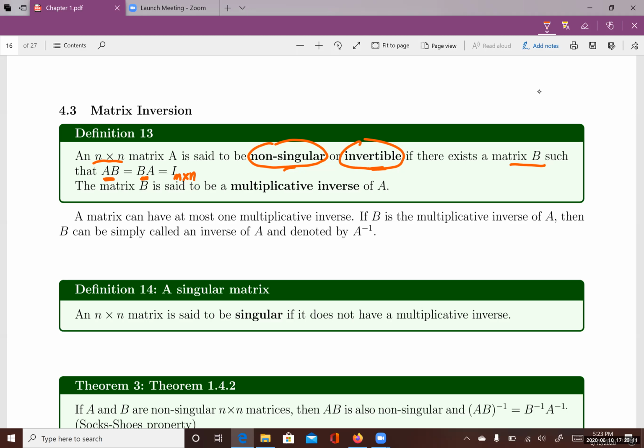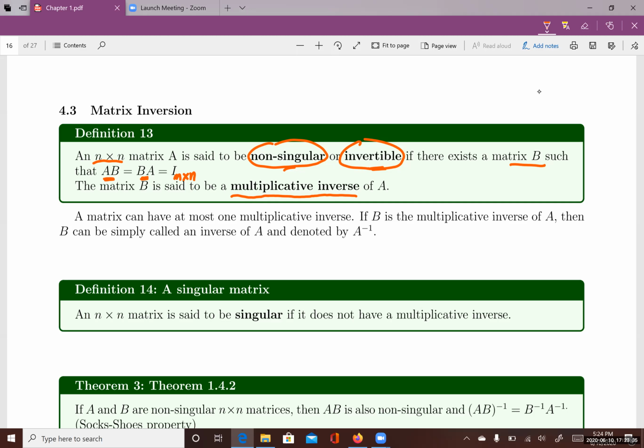Then B is said to be the multiplicative inverse of A.